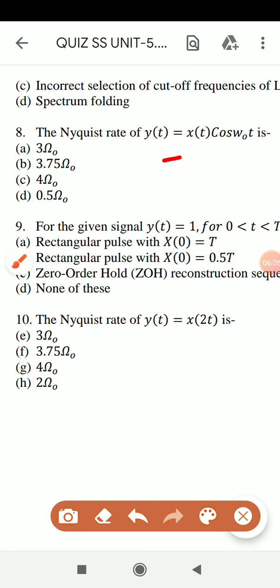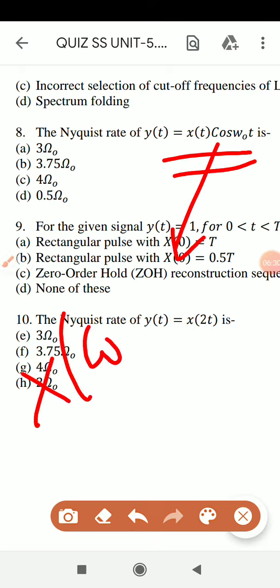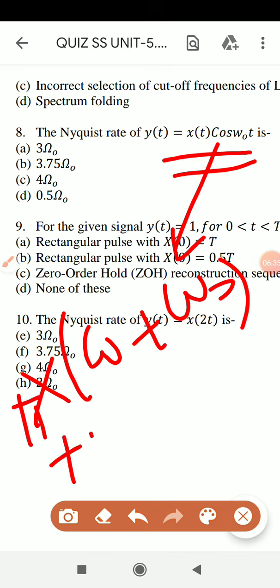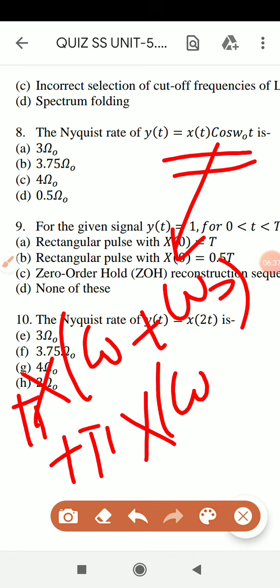We know x(t) cos(omega naught t) has Fourier transform pi X(omega plus omega naught) plus pi X(omega minus omega naught).